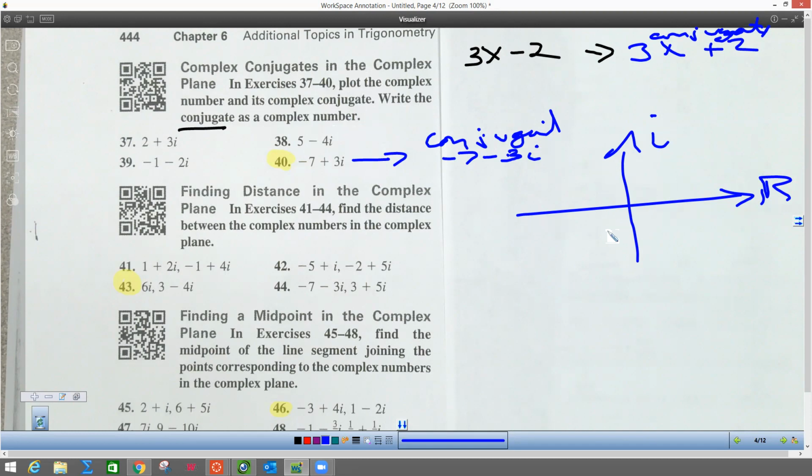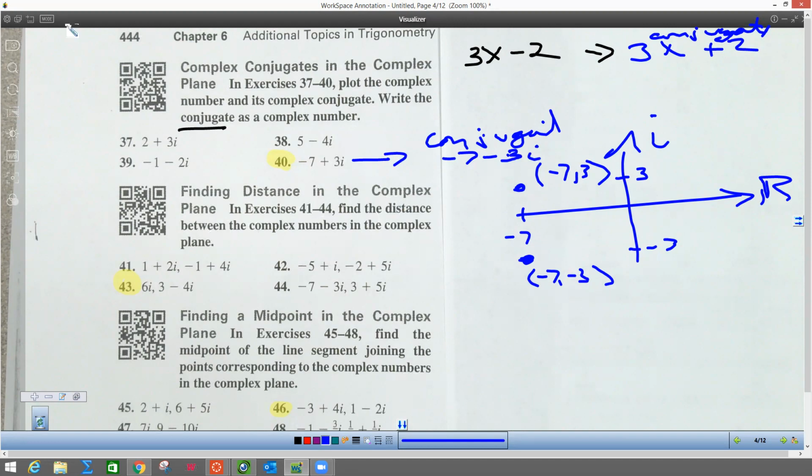So negative 7, you come out here to negative 7, you go up to 3, and you put a dot there. And then negative 7, negative 3, you would come down here, and the conjugate would be down here. Okay? Questions on that? All right, so we're not going to graph the conjugate.